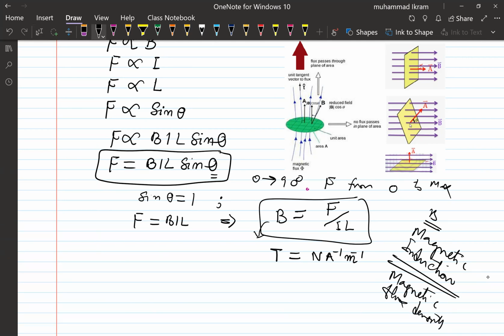Now, since this is higher grade physics, how can we express this equation in vector form?